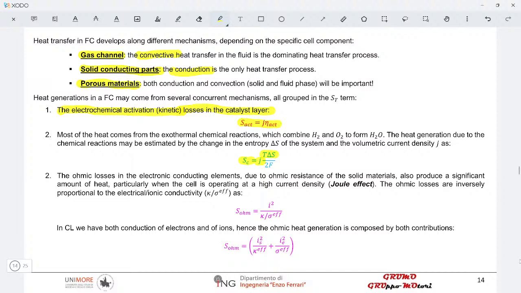So the more current we produce, the more heat we generate. And again, contributions 1 and 2 are only at the catalyst layers. So we have a lot of heat developing there. And this becomes even more critical if we want to operate our cell to produce a lot of current.